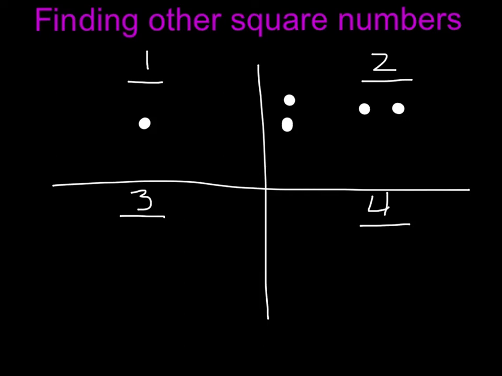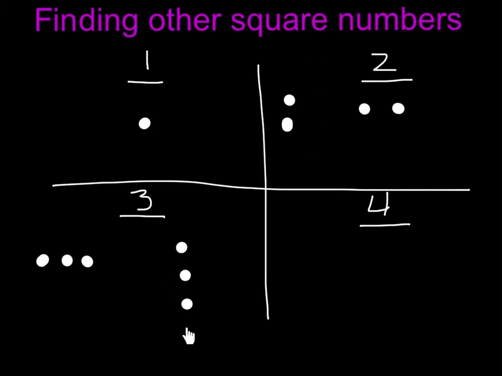The number 3 also cannot be represented by a square array. As you can see, in the first way, we have 3 in the row and 1 in each column. This is not a square. In the second way, we have 1 in each row and 3 in the column.